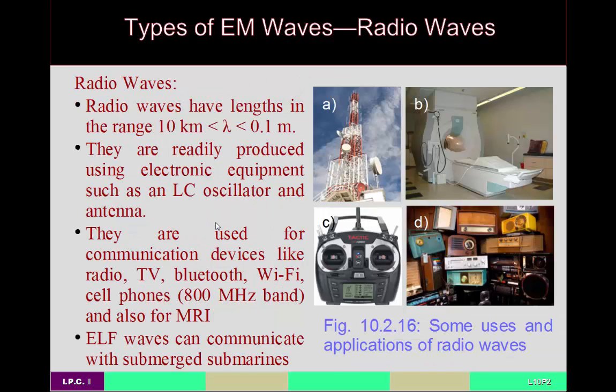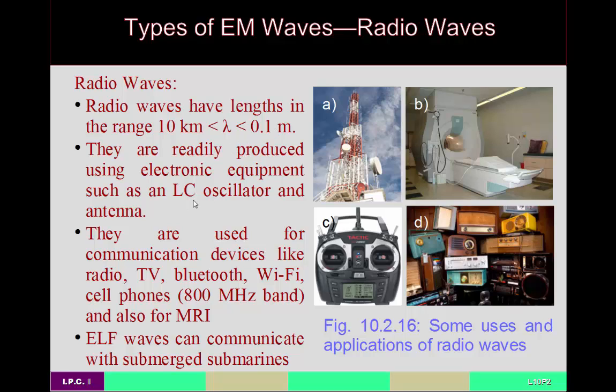So let's look at each of these types of electromagnetic wave, not in a lot of depth, but in passing. We'll start with the low energy waves, which means low frequency and long wavelength, which would be radio waves. These are waves that have wavelengths from kilometers long down to maybe a tenth of a meter.